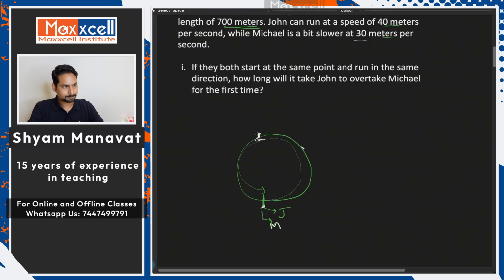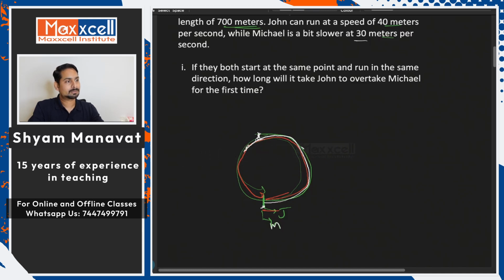Now understand this. Let me take the red color for John. Suppose John runs on the circular track and completes the first lap here, and I'll use the white one for Michelle. Michelle is still on the way, not completed, because Michelle is slower. Now Michelle is here.